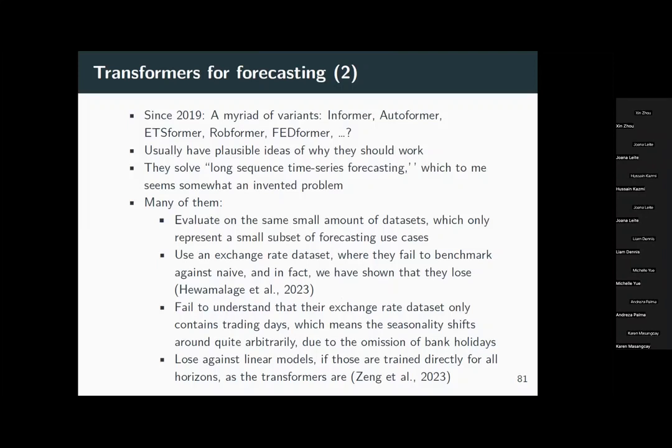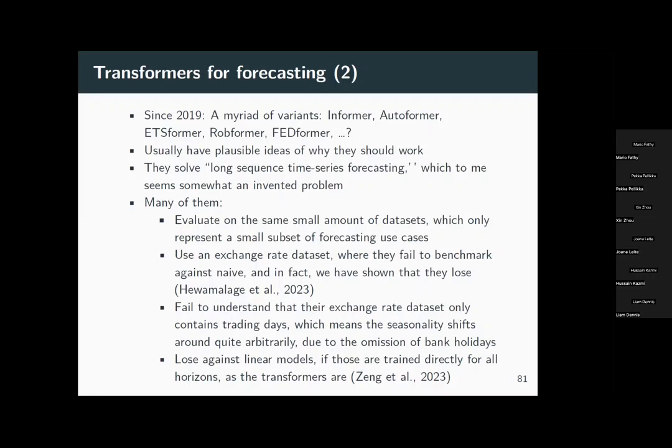One thing that I find a bit strange is that they usually solve what they call long sequence time series forecasting, which to me seems a somewhat invented problem. Let's call it an academic problem, right? People solve this problem because the papers before them have solved that. But is that really a problem relevant in practice? I don't know. It's only a small subset of what we would care about in forecasting.